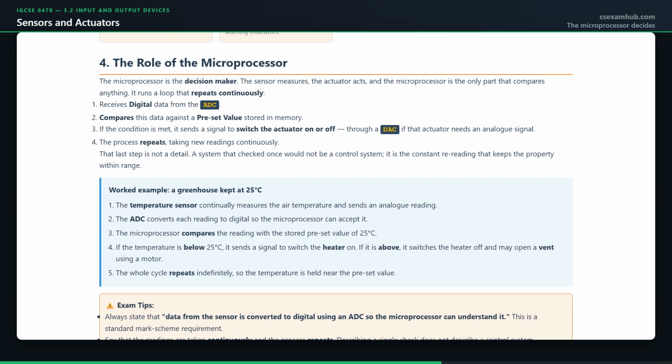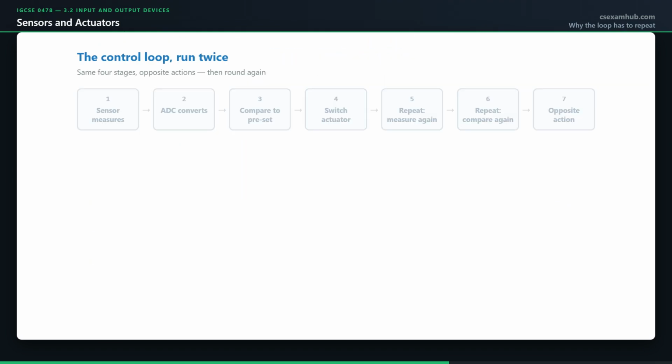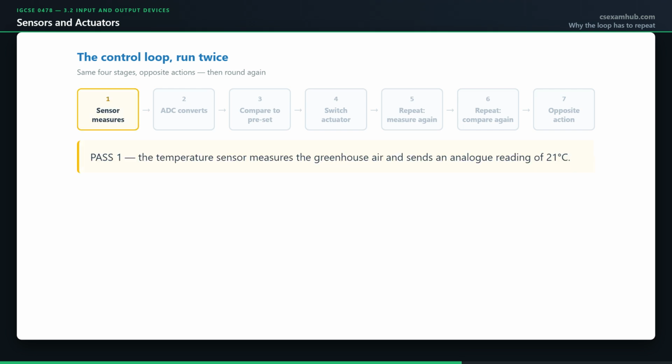But there is a fourth step, and it is the one that turns 3 instructions into an actual control system. The process repeats continuously. Let me run it through with the greenhouse example to show why that matters. Target temperature 25 degrees. First pass, the temperature sensor measures the air and sends an analog reading, say 21 degrees.